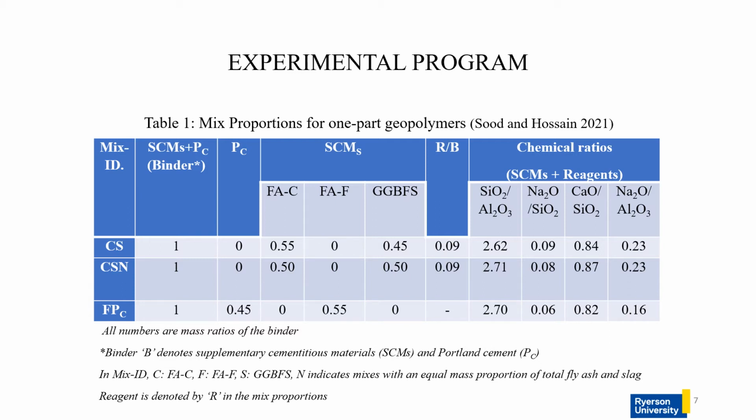So we try to maintain the content of slag or ground granulated blast furnace slag similar to the cement content in the control binder, and the fly ash content was also kept similar to the fly ash content in the control binder in order to achieve similar mechanical and workability properties as that of the control binder.